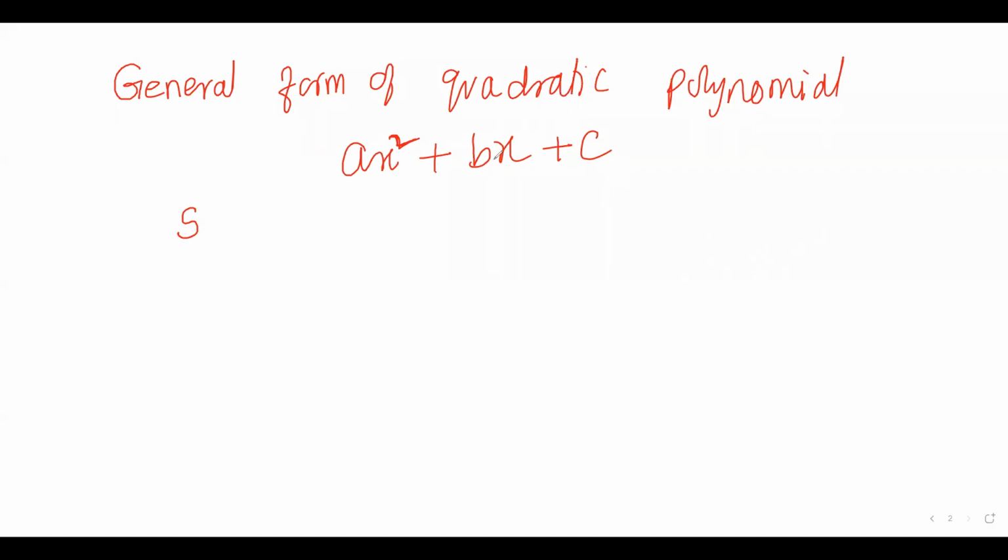For what value of x will the polynomial become 0? When you substitute the zeros, the whole expression will be equal to 0.